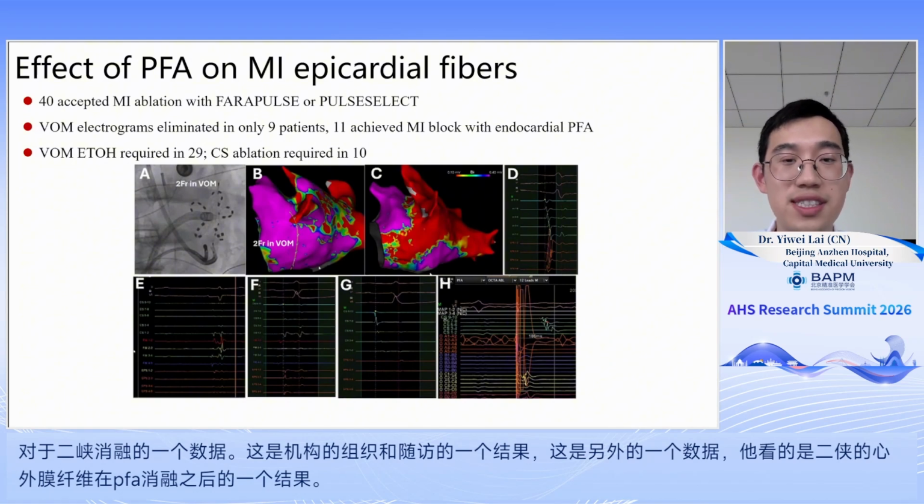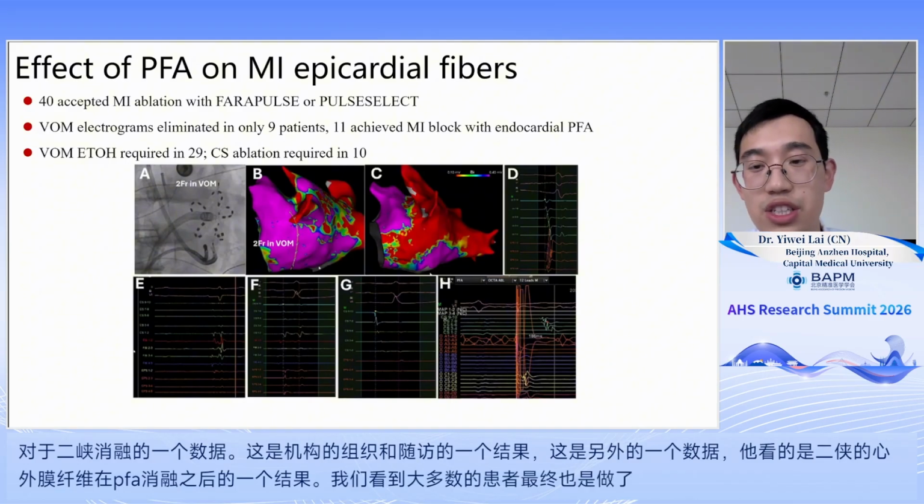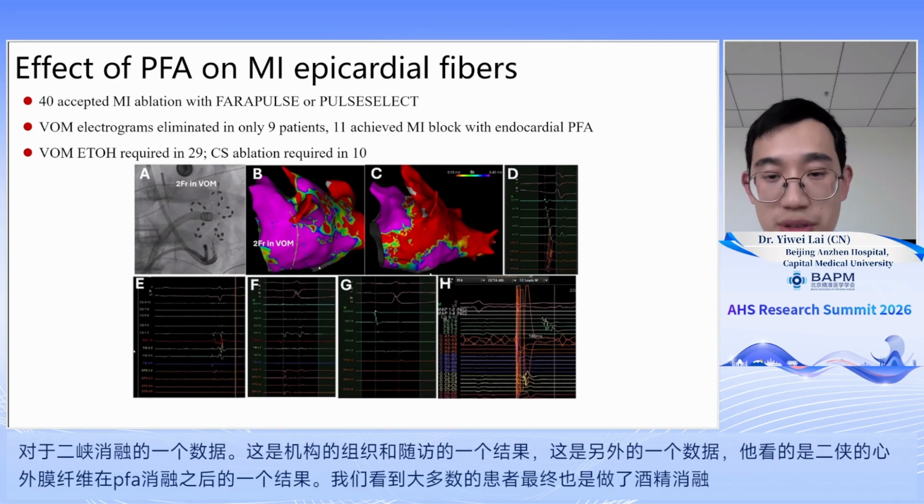It is very interesting that only less than 25% of the patients had epicardial electrical elimination with endocardial PFA application. And most of the patients finally required venous mitral ablation or coronary sinus ablation to achieve mitral block.